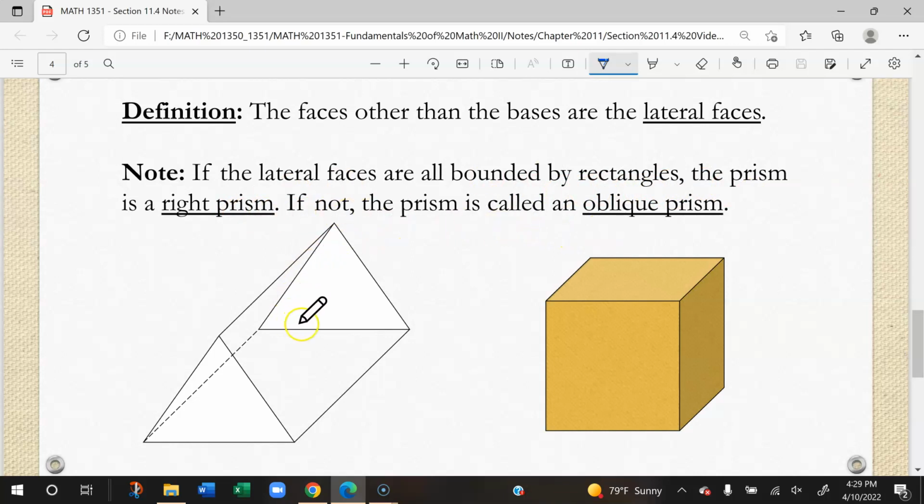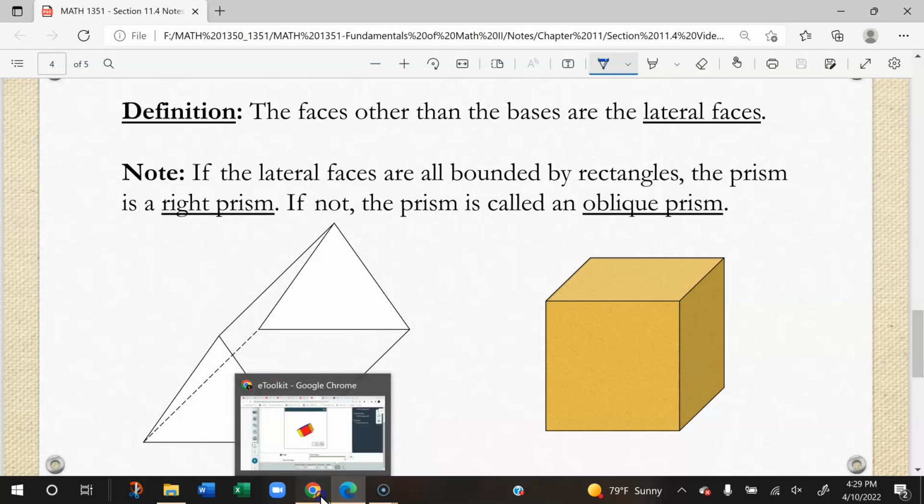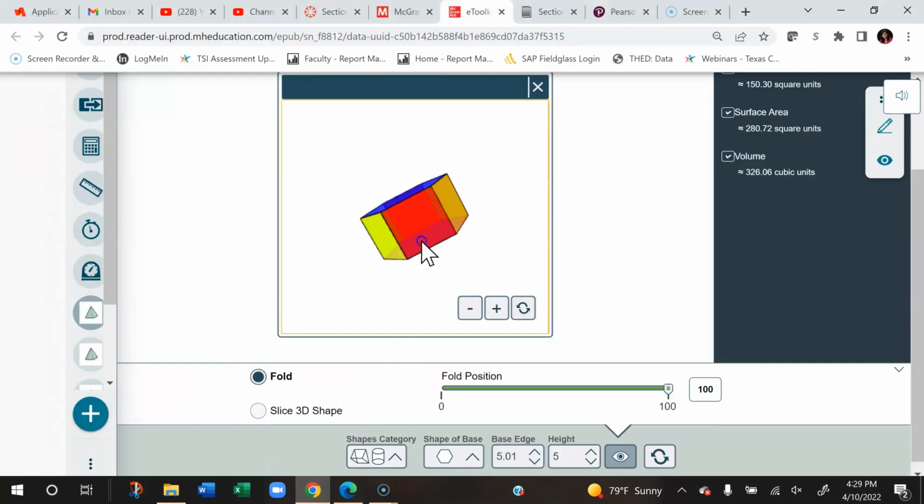If not, it's an oblique prism. So this is actually a right prism because notice the lateral faces are bound by rectangles. Same as this. It is bound by rectangles. So in all of these, notice they're bound by rectangles.